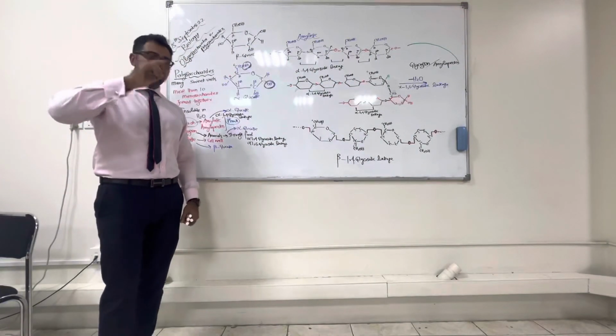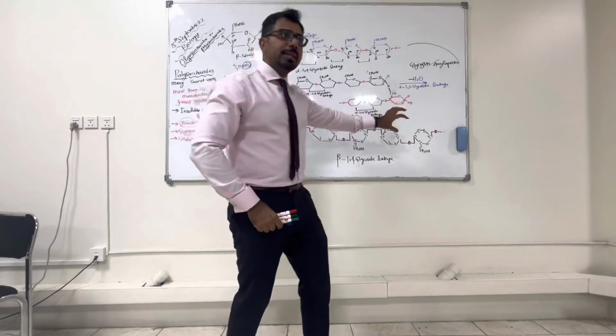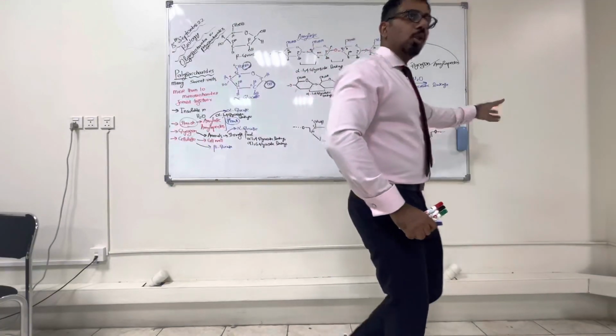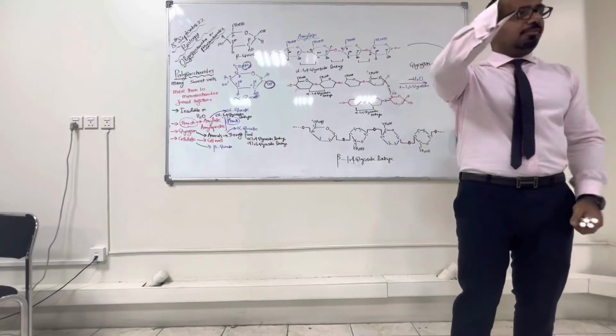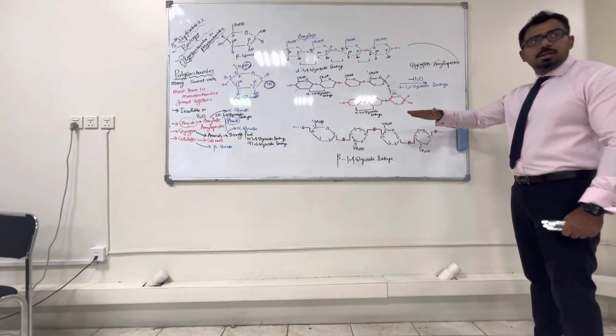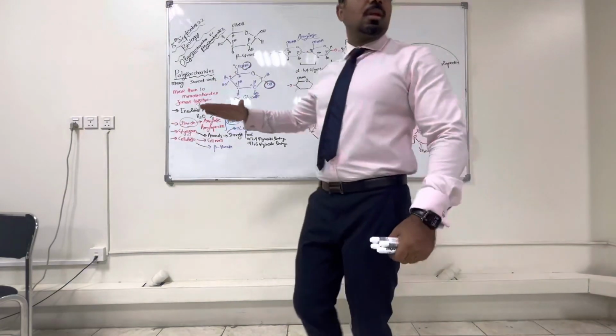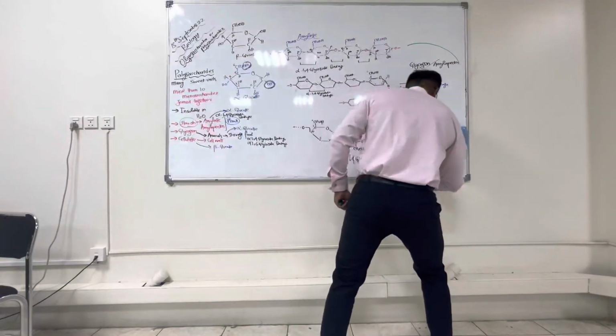Now, listen. Because of the twisting of each beta glucose molecule alternately, the bond angle does not change. And a straight chain is formed.